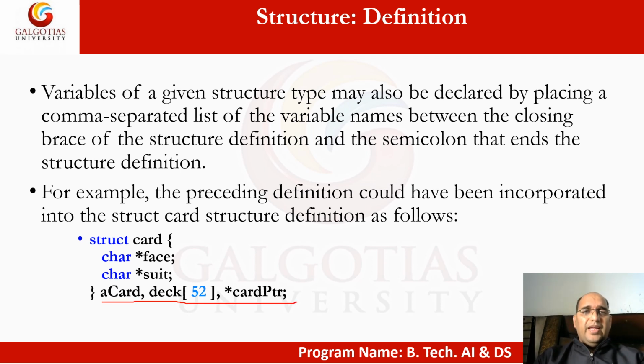So when you are defining struct card, with char *face and char *suit, at the same time, instead of writing a separate line, aCard is an instance of this structure, deck[52] is 52 instances of this type of structure, and cardPtr is a pointer to this type of structure.